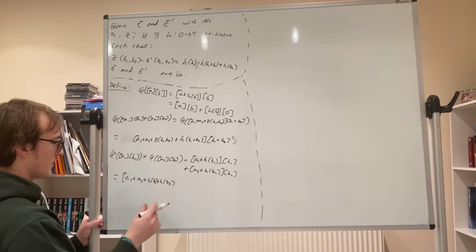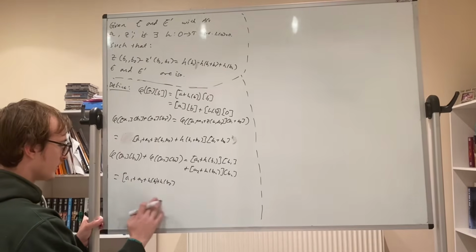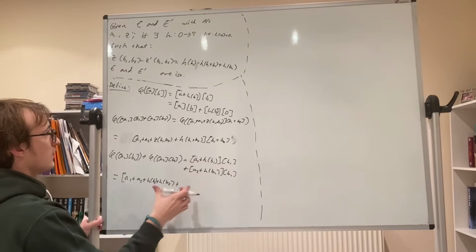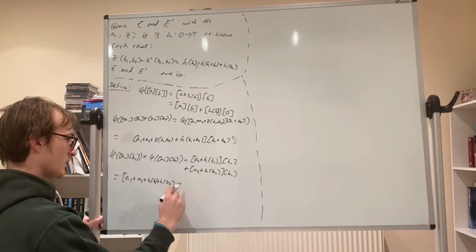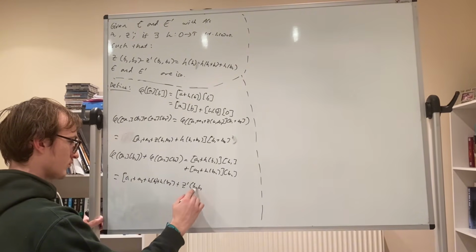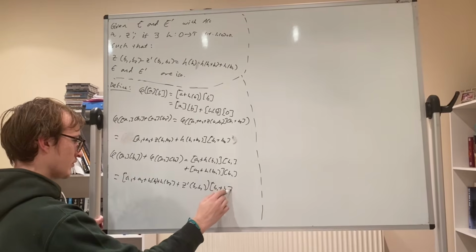Again, I can mix and match because addition is abelian, so it's commutative. Plus, and this time this addition is in E prime, so now we get Z prime of B1, B2. And in the second column, we get B1 plus B2.